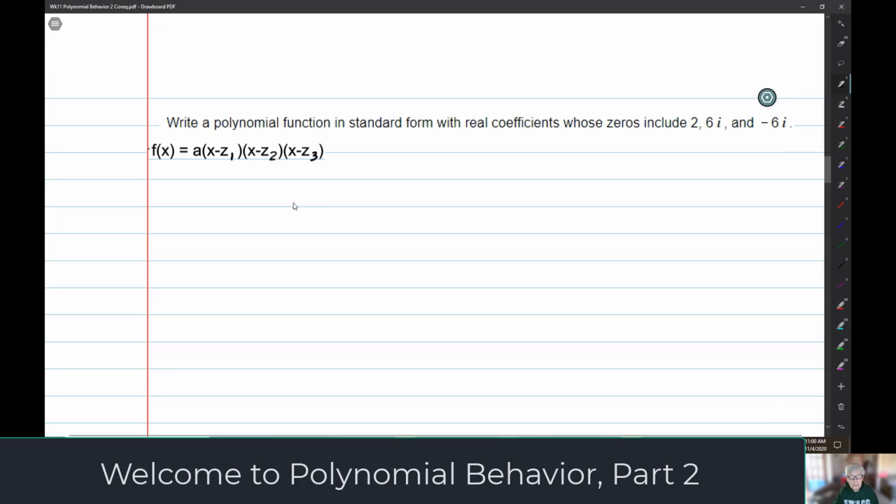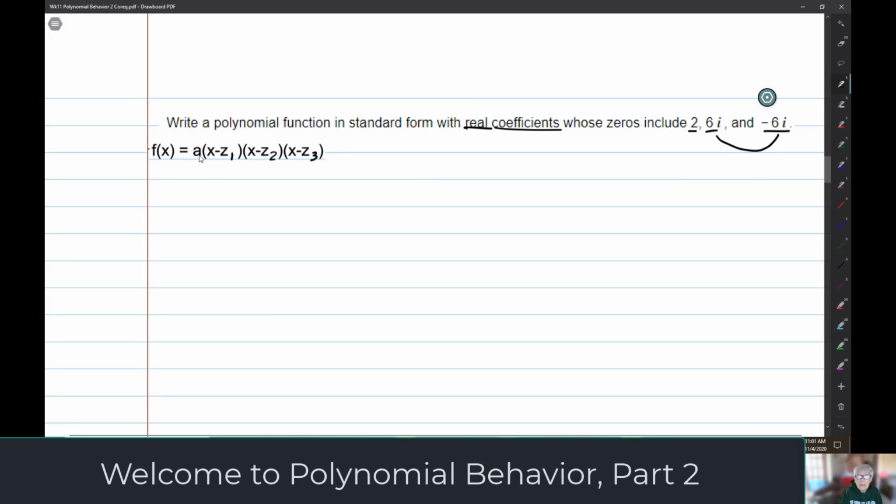You're making these zeros 2, 6i, and negative 6i, and these are conjugates. So I can make real coefficients that also incidentally will be rational. I'm going to use this formula with these 3 zeros.